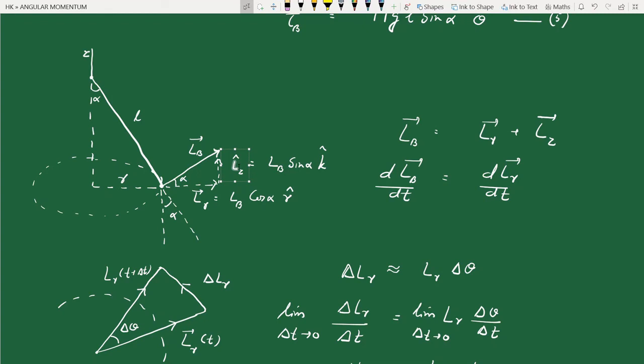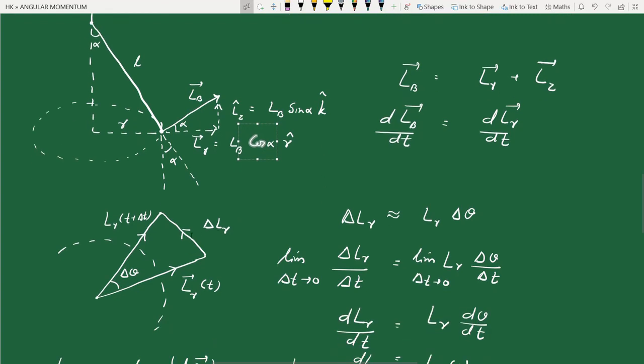So there is no change in angular momentum along the vertical direction. So Lz is a constant, only Lr changes, and even the magnitude of Lr remains constant, which is Lb cos alpha, only the direction of Lr changes. So in order to change the direction of a vector, we have to rotate the vector.